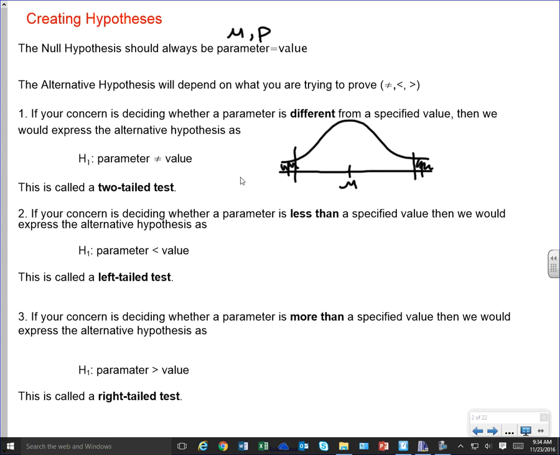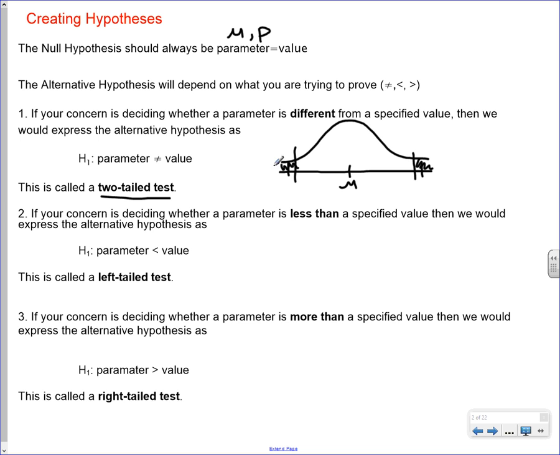Well, if in your study your concern is just showing that something is different from a specified value, so maybe you're not even sure if it's greater than or less than, you just are worried that it's different from the original amount, then you would do a not equal to because you're concerned with this lower tail and the upper tail. And so that's why it's called a two-tailed test here, because we are looking at both of the tails here and here.